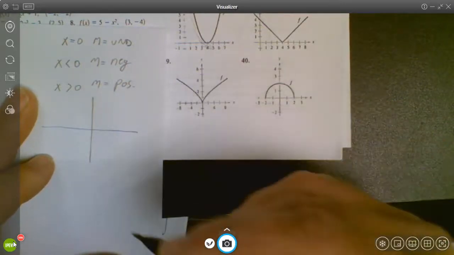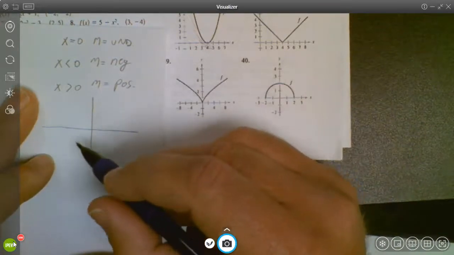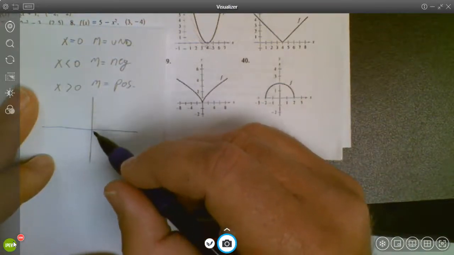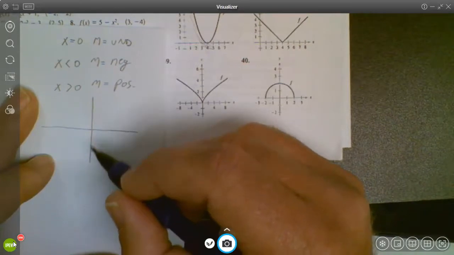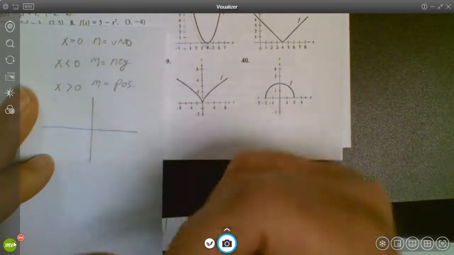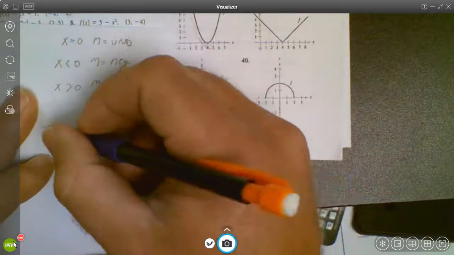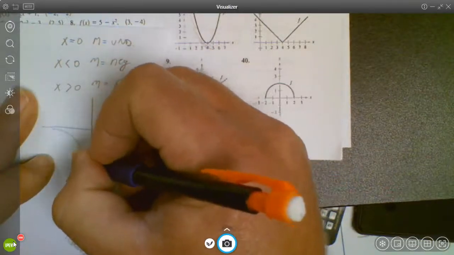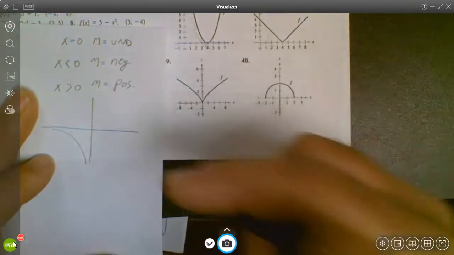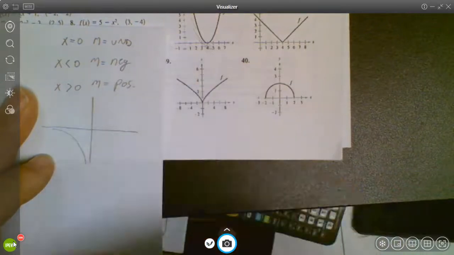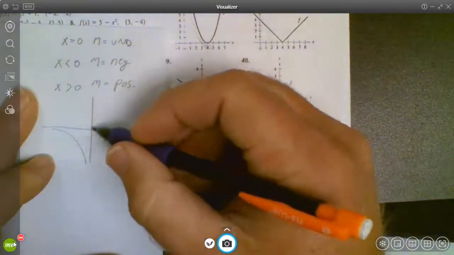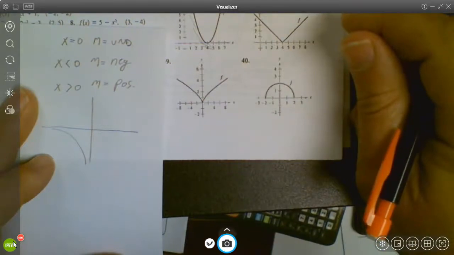So this has to be a curved line that stays in the negative, that does not cross over the y-axis because it's undefined at that point. So the only way to draw that would be something like this, right? It's curved, it stays in the negative below the x-axis, and will never cross over x equals 0, where it's undefined.